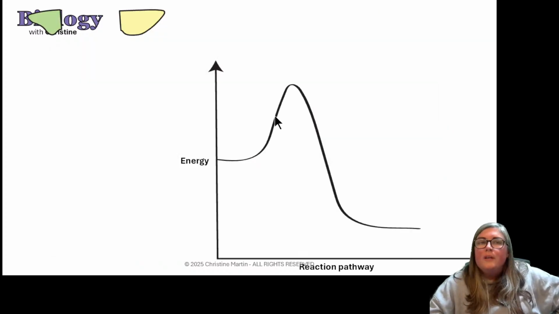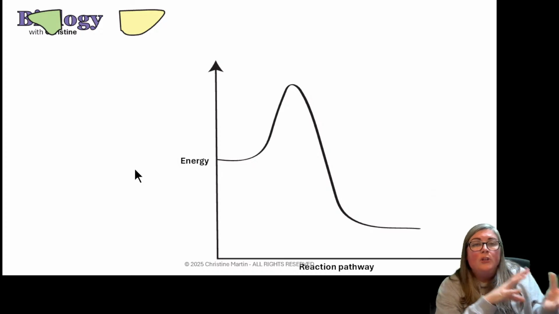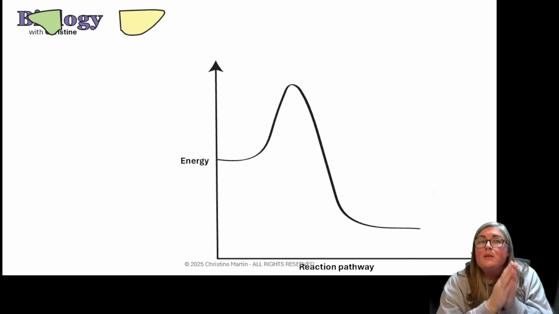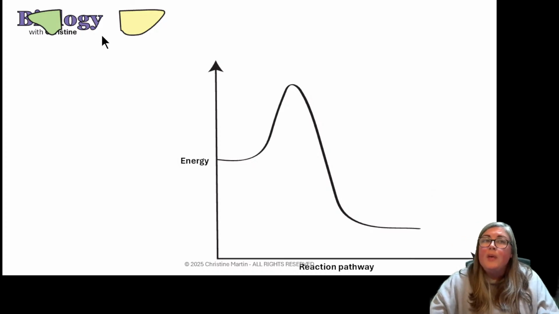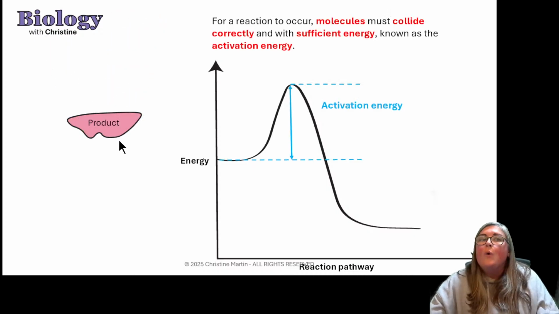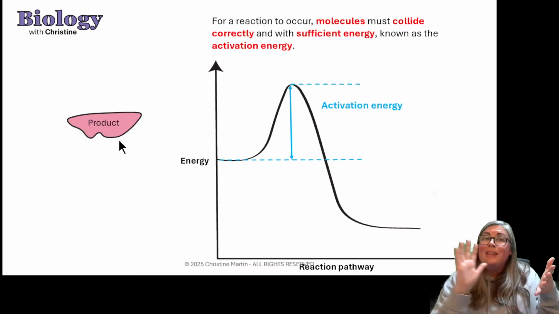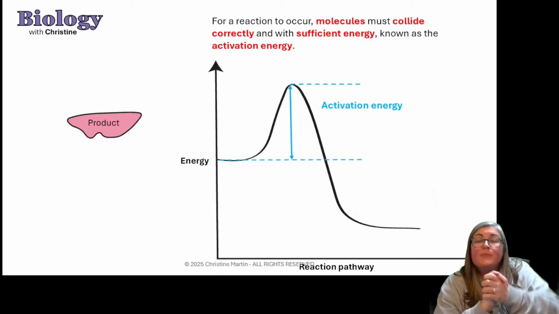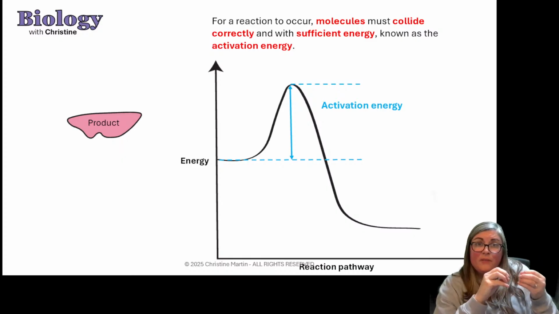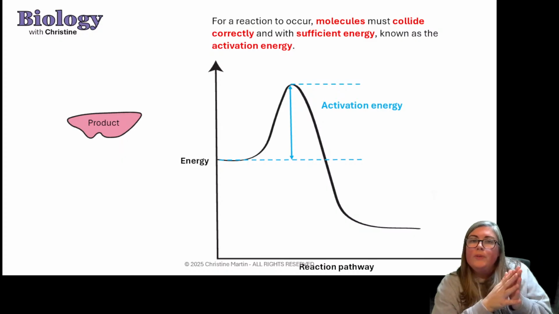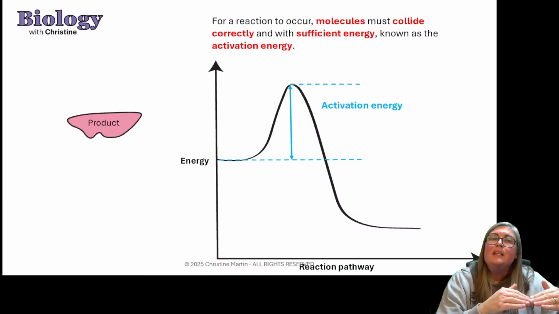So one of the things to note is when you have chemical reactions happening, whether we're talking about biology or chemistry, we know that when we have reactants, when they come together and they collide correctly and they have sufficient energy, we call that the activation energy. So you can see the energy that was in the reactants.